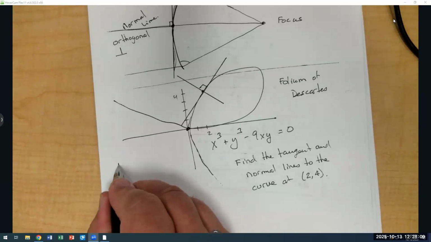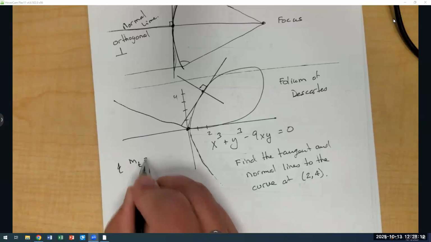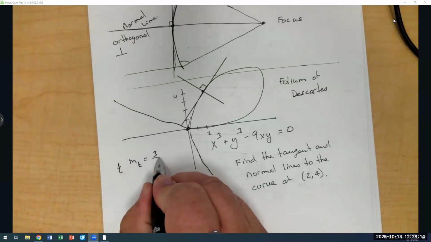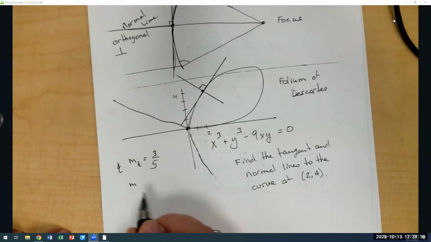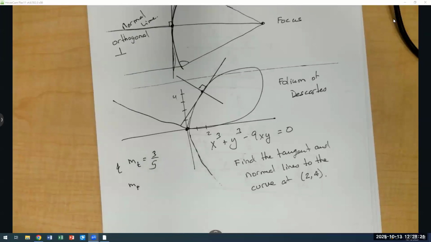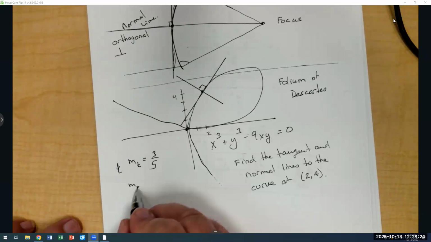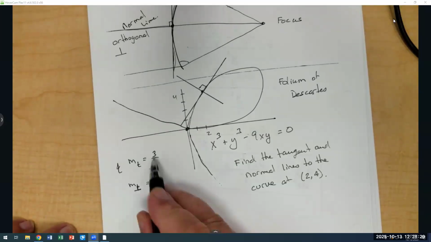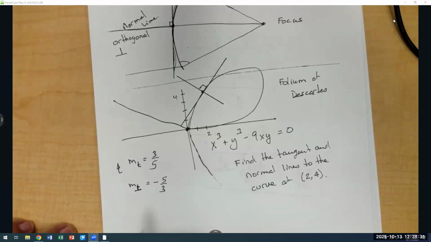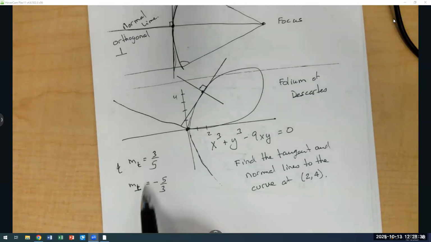If the slope of the tangent was 3/5, then the slope perpendicular to it would have opposite signs and the reciprocals. Those are the differences between the slope of the line tangent and the slope perpendicular to it. You flip the values and you change the signs.